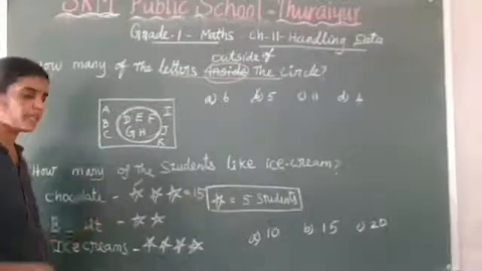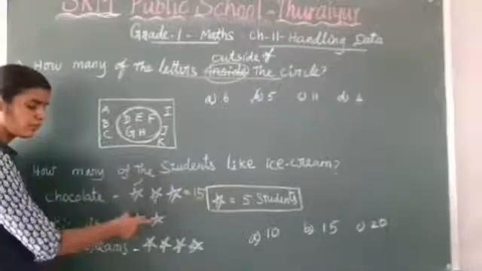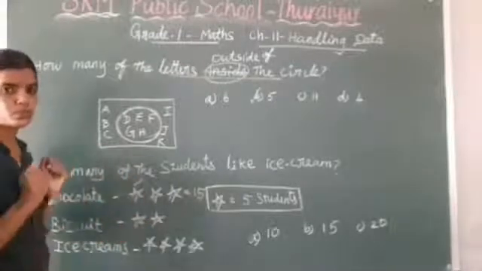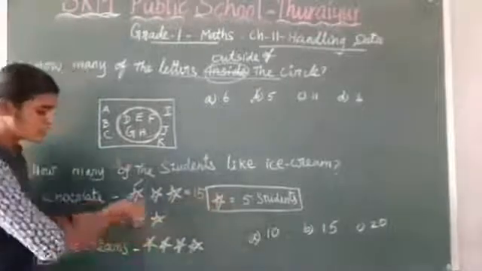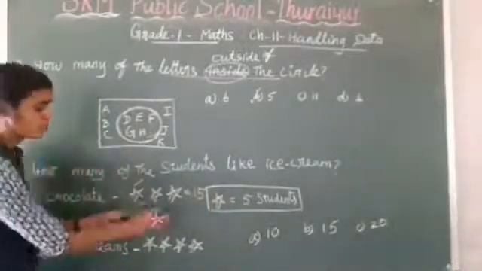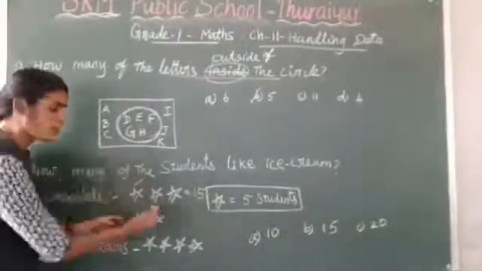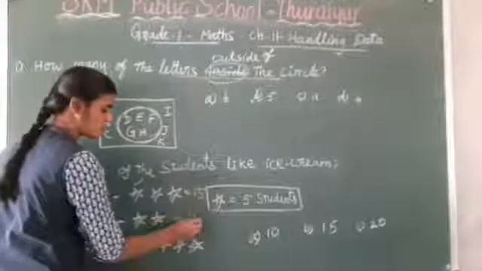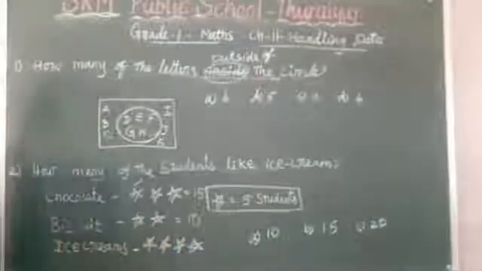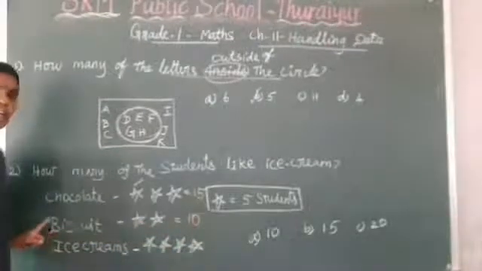Like that you have to imagine. So 5 plus 5, 10 students. Each star is 5 students, 2 stars means 5 plus 5, 10. So 10 students like biscuit.